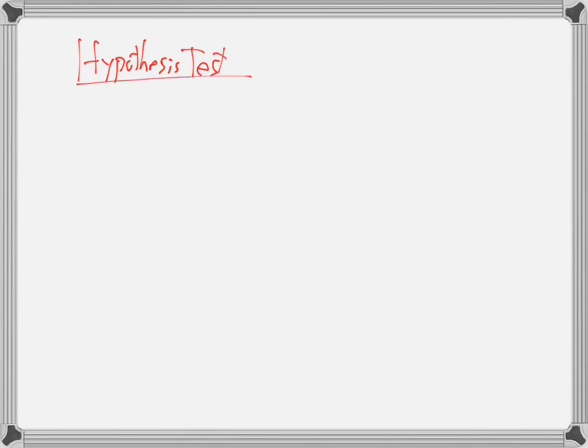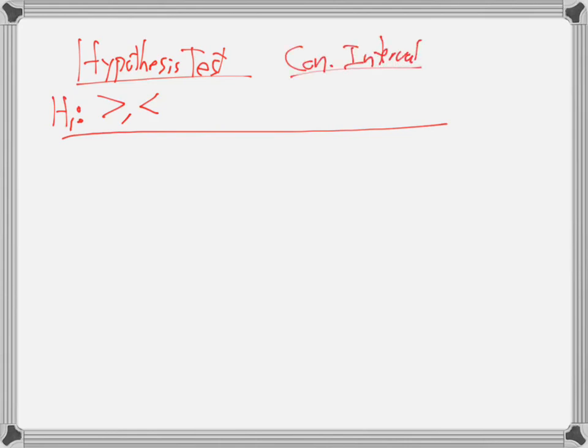If your test is greater than or less than, if H1 is greater than or less than, then when you do your confidence interval, you have to double the percent, well, let me go 1 minus double the percent.